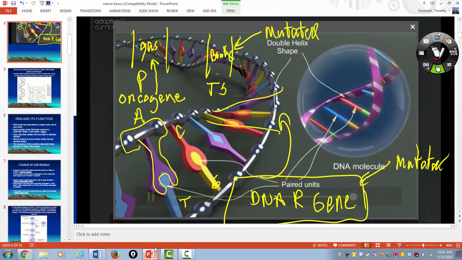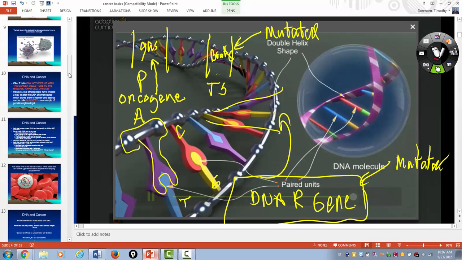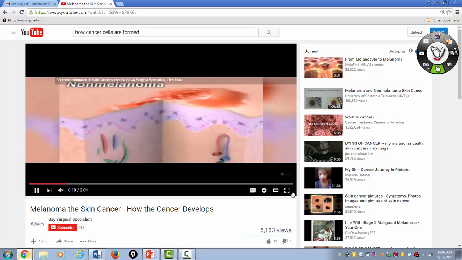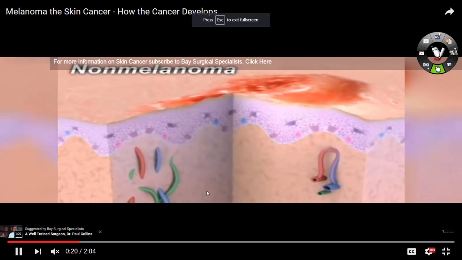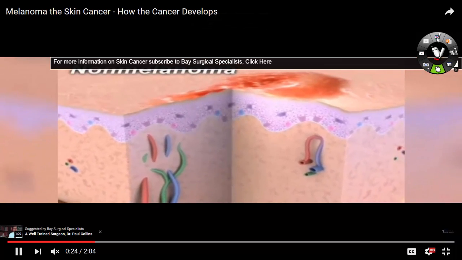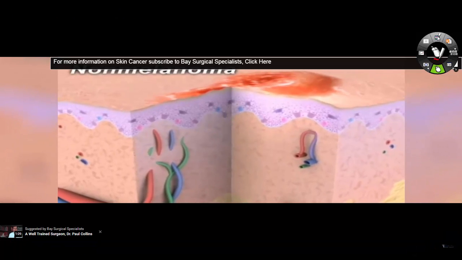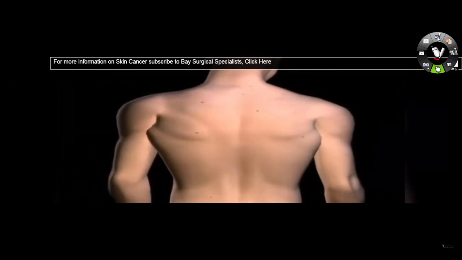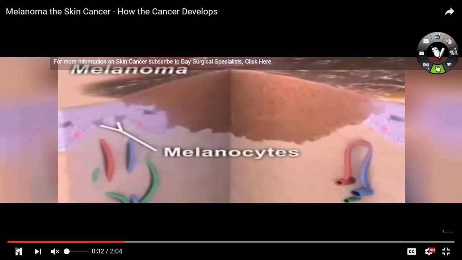Now, let's look at this guy here. Alright, melanocytes embedded in the basal layer of your skin have a nucleus and have the capability to divide.